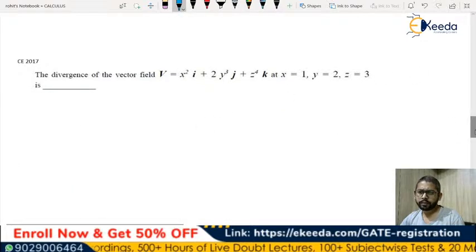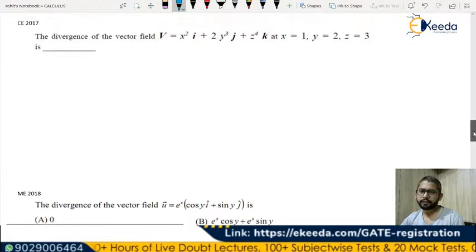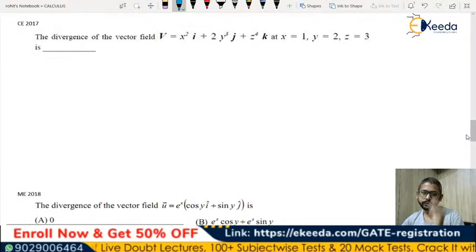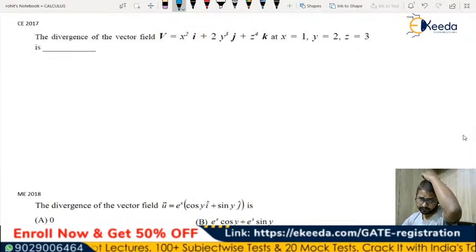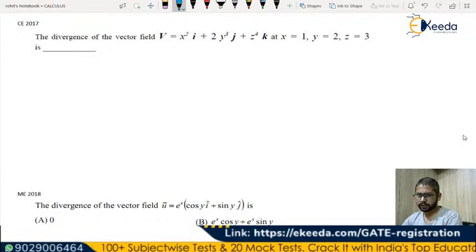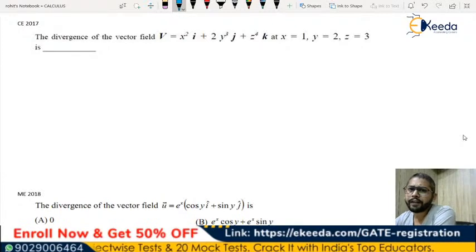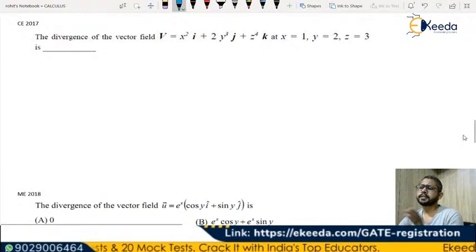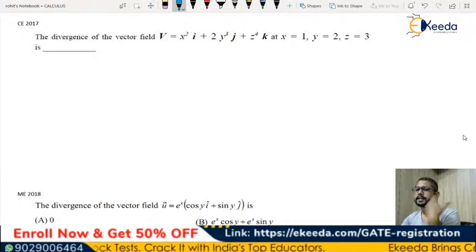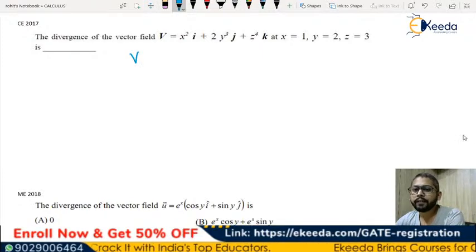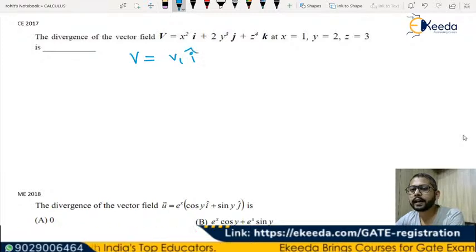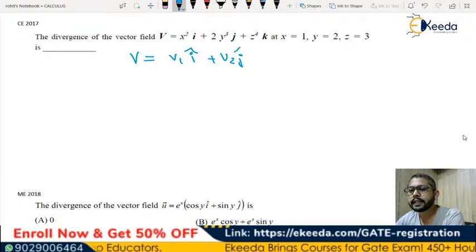These are small things, but of course you have to do them. There are good questions also in this one. I'll leave the smaller and easier questions for you, and then we can do the good questions. So you have to find the divergence here. Divergence is found for a vector quantity, but it is a scalar quantity. So let's say we have v equal to v1 i cap plus v2 j cap plus v3 k cap.